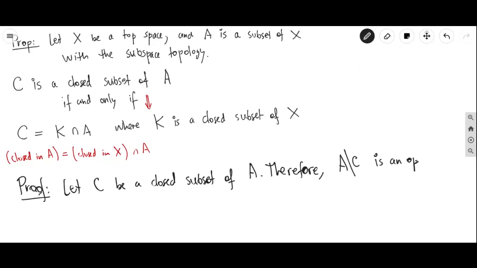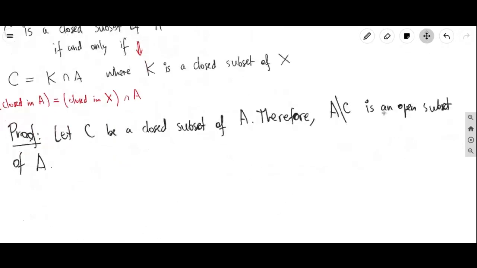It is an open subset of A. By definition, that's the definition of a closed subset. It means the complement is going to be open. We're taking the complement in A because C is a closed subset of A, so it's the complement in A. So from A, we take away C, and whatever we're left with, that's going to be a subset of A. So that's going to be an open subset of A.